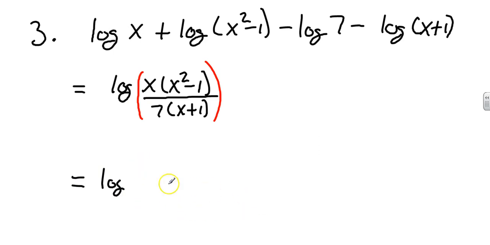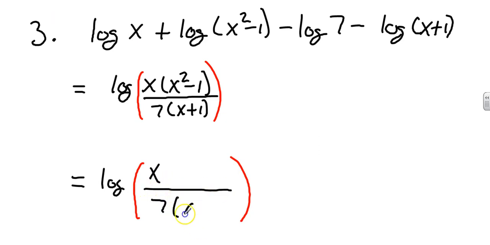There's nothing you can do with the x, nothing you can do with the 7, there's nothing you can do with the x plus 1. But we have this x squared minus 1 that's here. If you had x squared minus 1, you could factor that as x plus 1 and x minus 1.